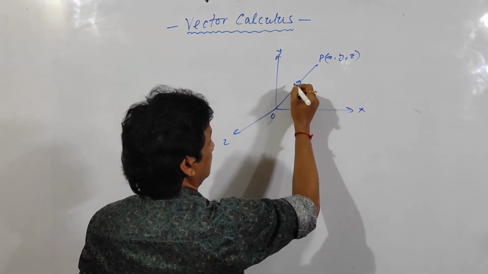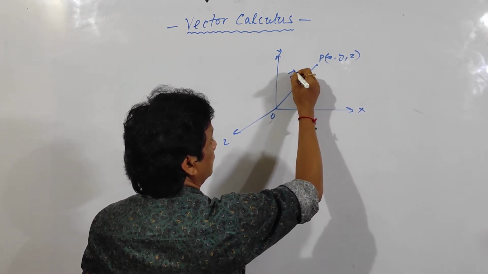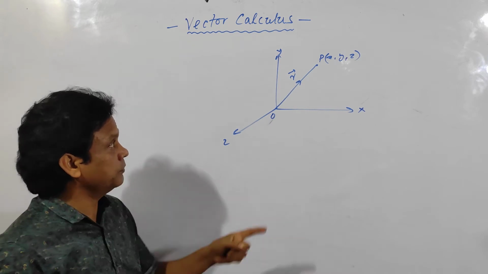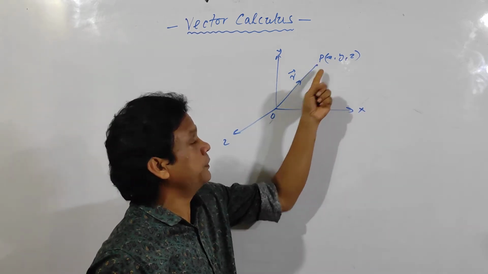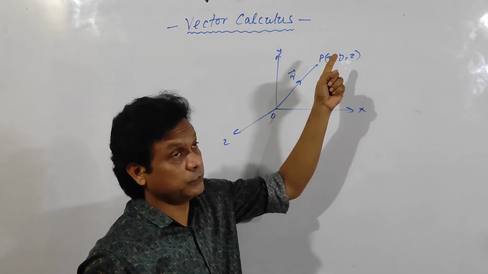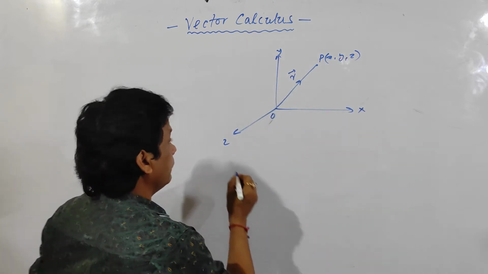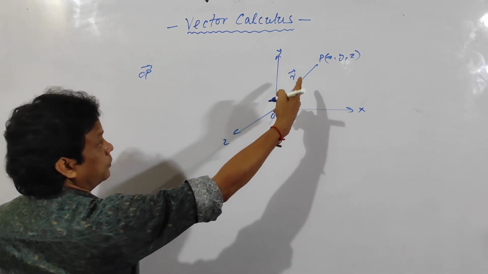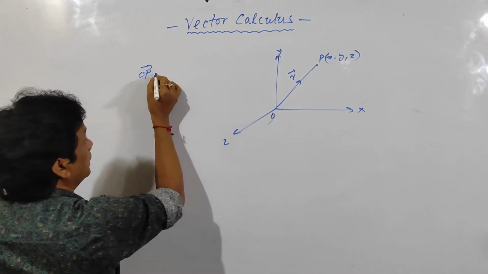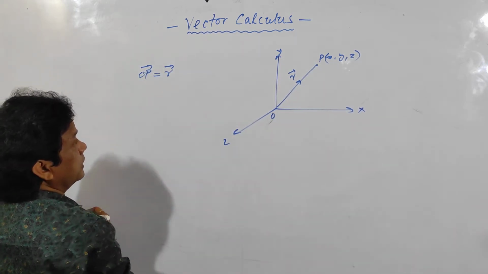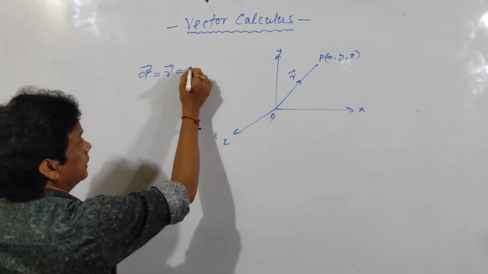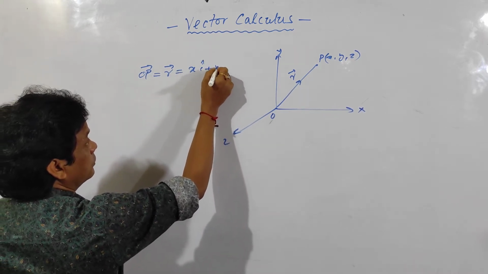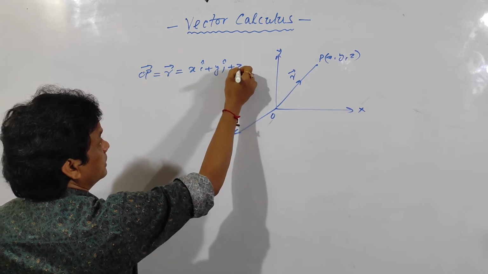This is the OP vector, which is r vector, and the position vector of the point P with respect to origin is OP vector, with the direction towards P. Clear? It is generally denoted as r vector, which can be written as x i cap plus y j cap plus z k cap.